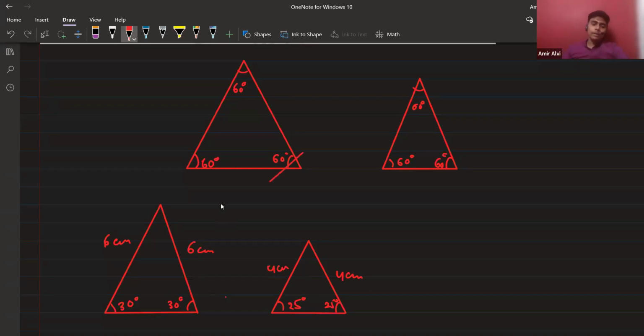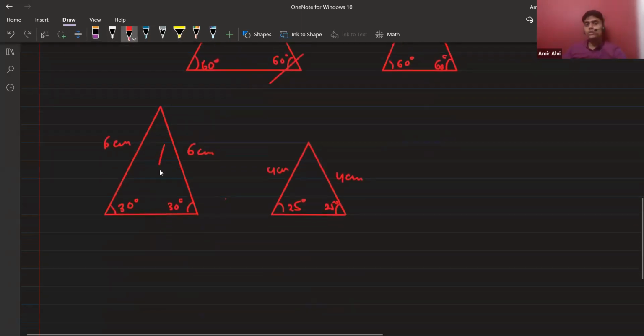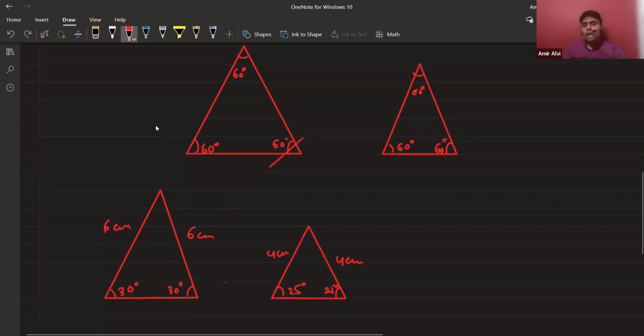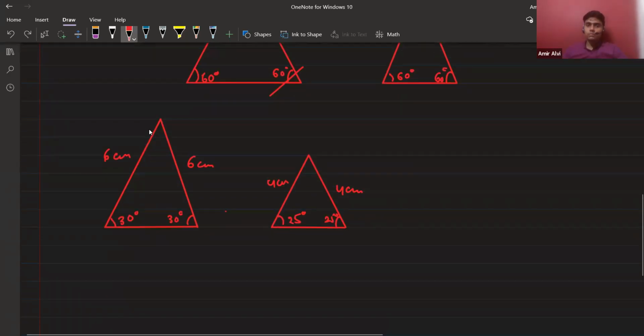But in the isosceles triangle, in comparison to this, the isosceles triangle can have different angles and different sides. Yes or no? In similarity, there is one criteria which is angle, angle, angle. It means that if the three angles are equal to the other figure, this means that the triangles are similar.